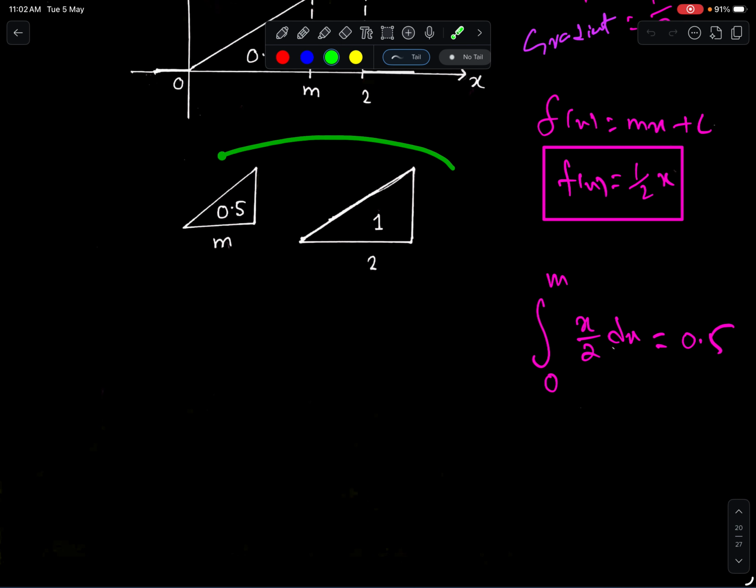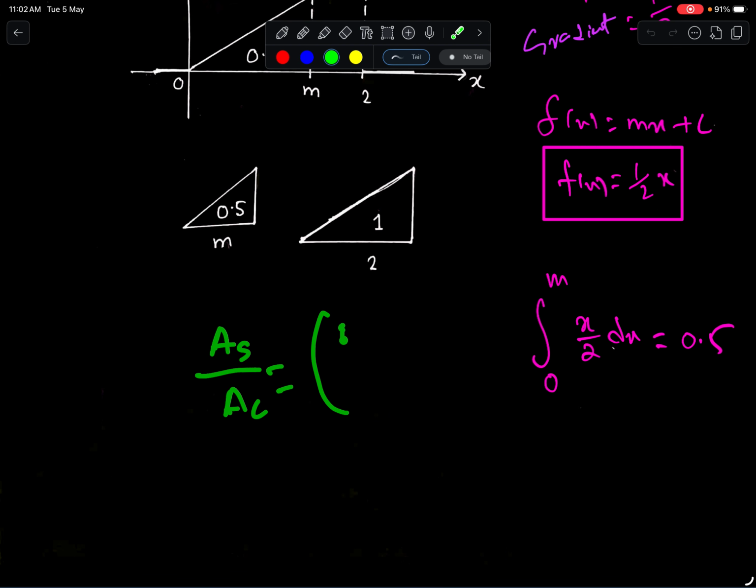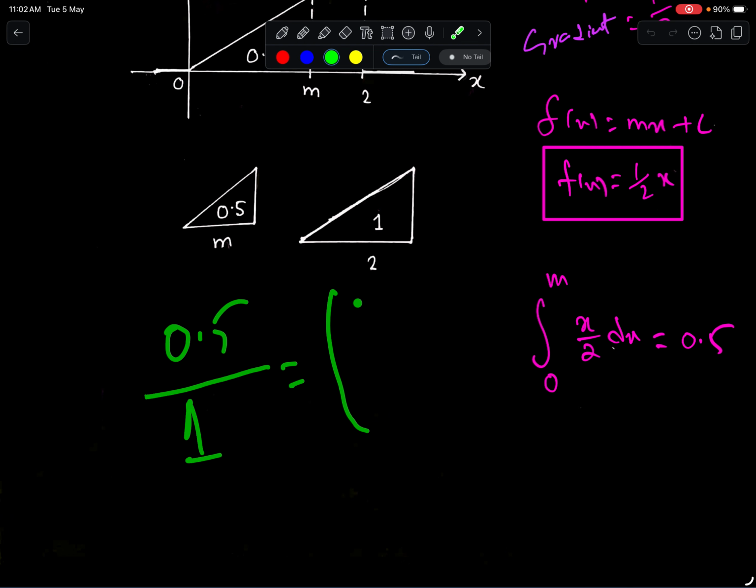So we can use this: area of small divided by area of large equals length of small, which is m, over length of large, which is 2, squared. The area of small is 0.5, the area of large is 1, so just square this and get the value of m.